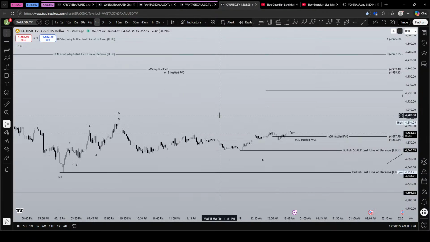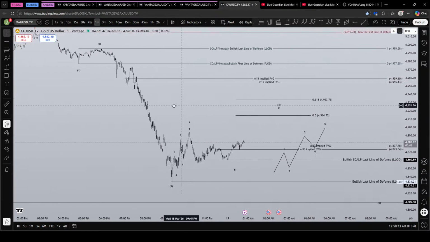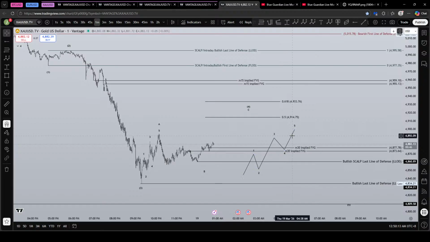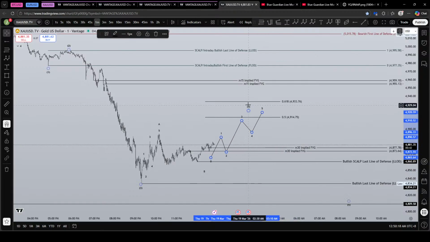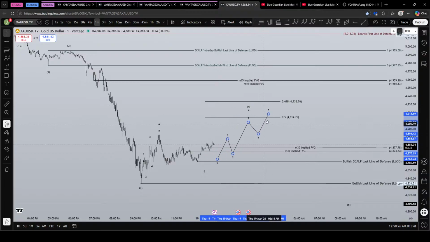1 minute time frame. So based on this analysis, wave 4 must be composed of 5 waves. I will not short the market unless I have seen these 5 internal waves already.